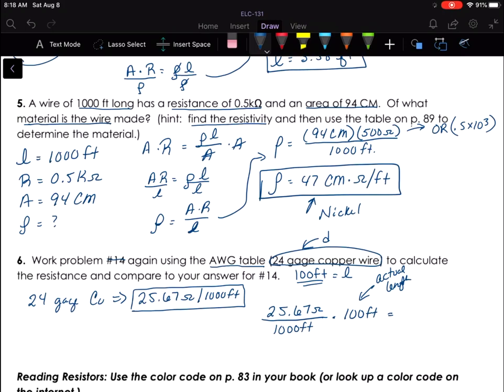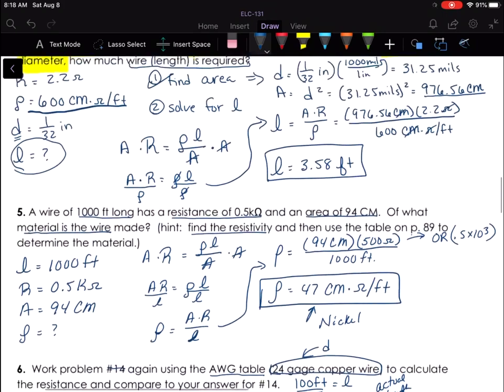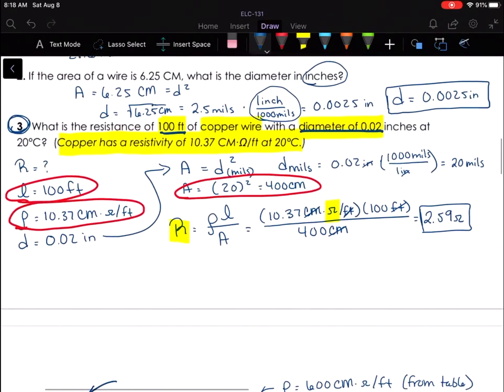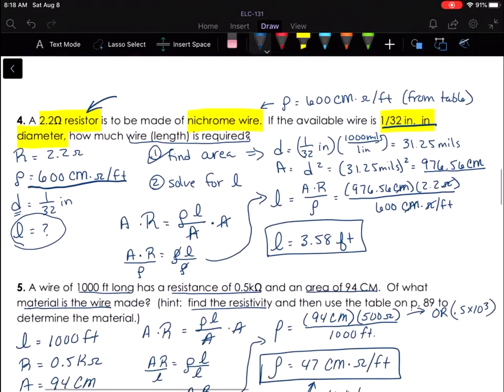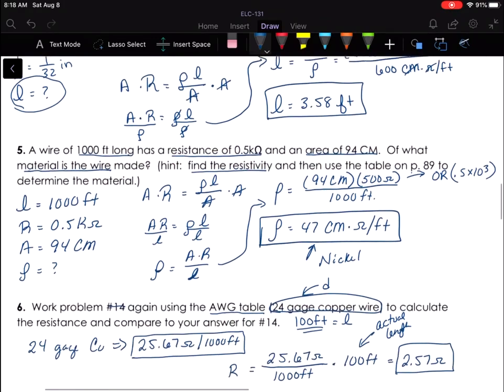So when we do that, we find that the resistance of this wire would be about 2.57 ohms. And let's see, what did we find when we calculated it outright? About 2.59, so it was pretty close. If you want to take a look at that American Wire Gauge table, go ahead and do that.